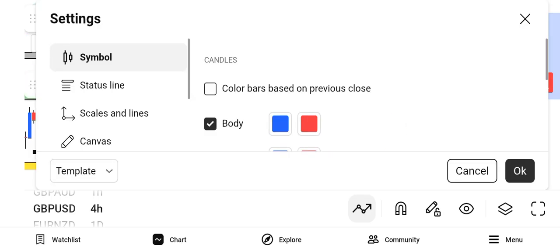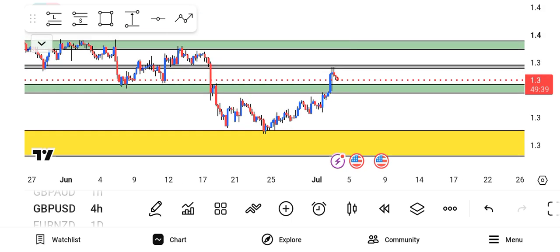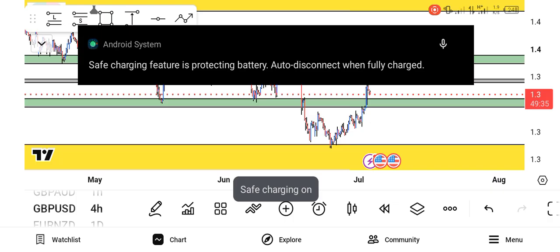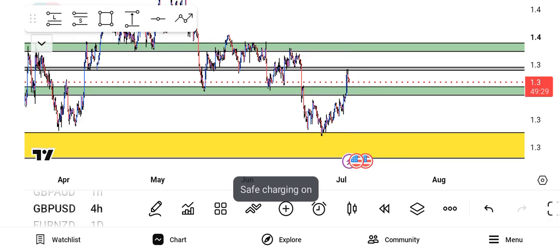Sometimes it does a triple bottom, sometimes it consolidates. Like on this pair, on the weekly, you can see how the market was consolidating. So just look at the simplicity of it.